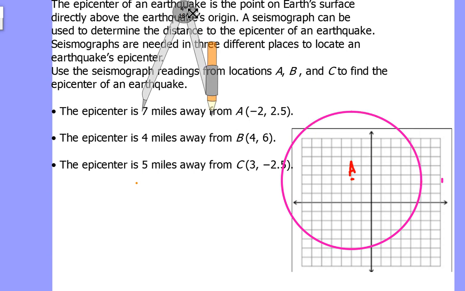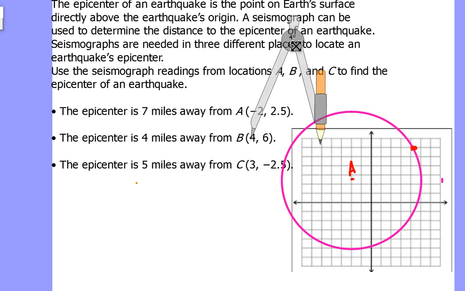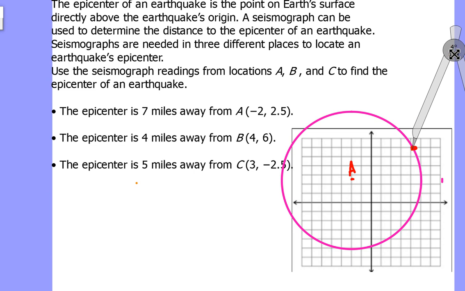Let's continue the same concept here. For the other epicenter, we had one at 4, 6. So at 1, 2, 3, 4, and 1, 2, 3, 4, 5, and 6. We had one right here, and this one had a radius of 4.